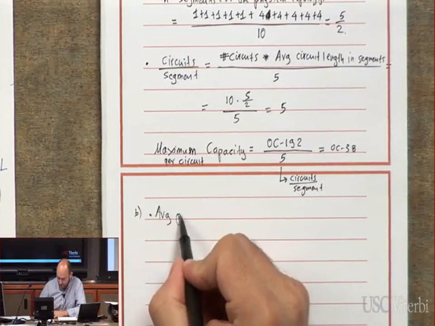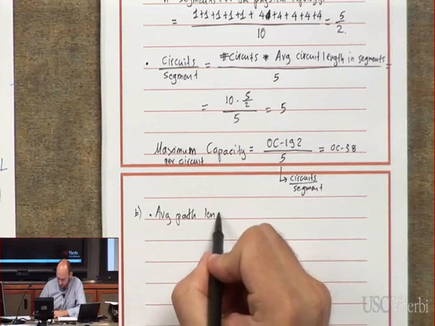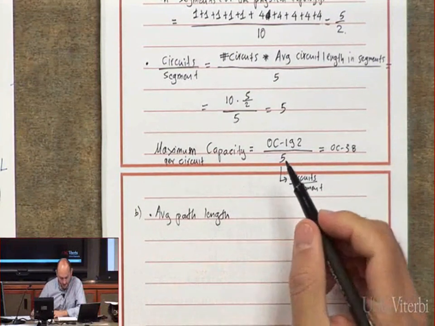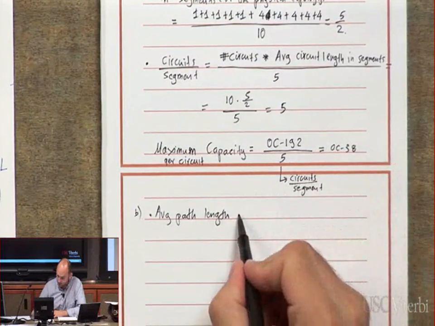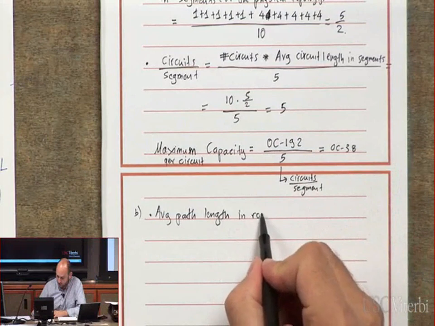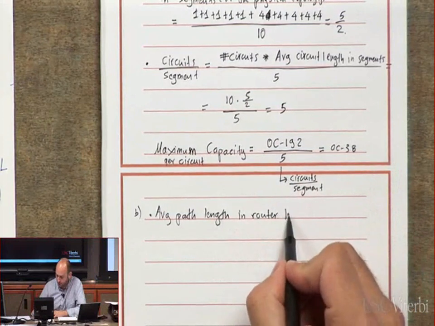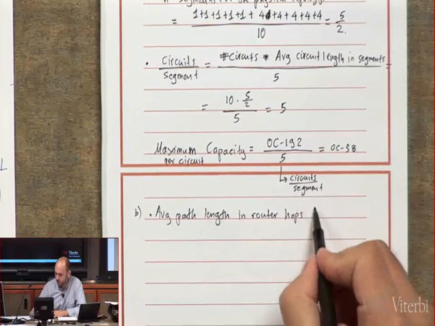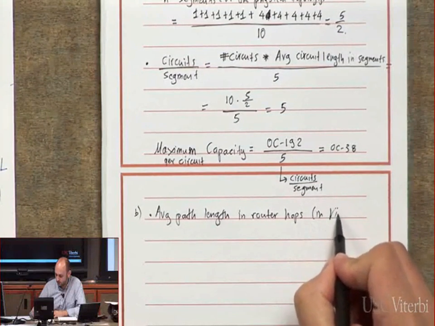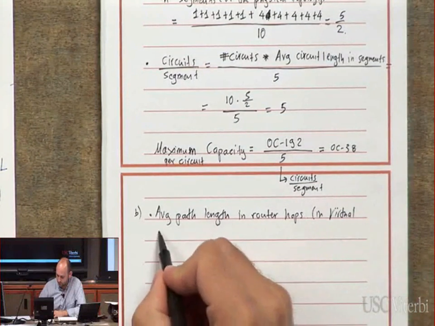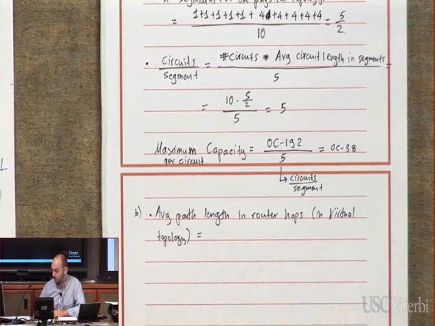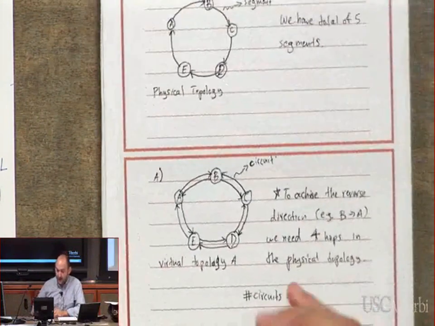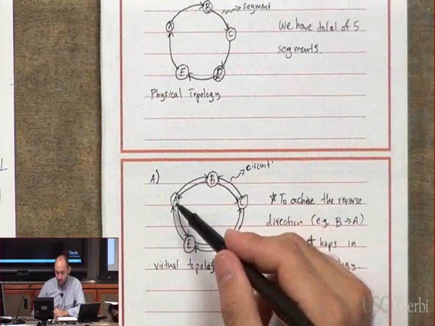Average path length in the logical topology, or virtual topology, in router hops. We want to find the average number of hops over here.